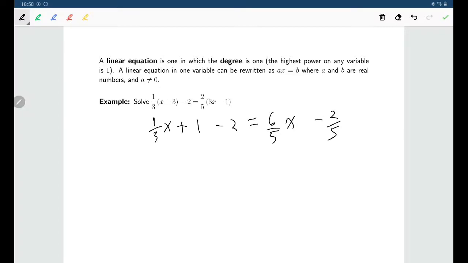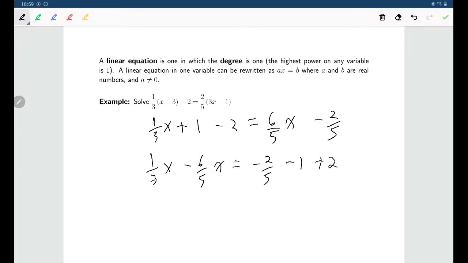I'm not going to do as much writing as I did for the very first one, where I really split everything down into tiny, tiny little steps. I'm going to make things a little bit faster here. I'm going to move x's to one side and constants to the other, same way that I did before. So 1/3 x minus 6/5 x, and I've got on the right side minus 2/5 minus 1 plus 2.